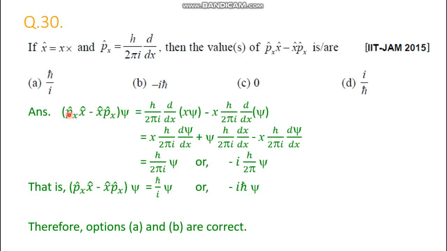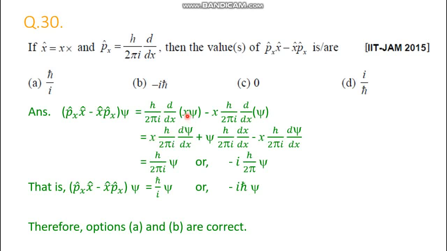Operate x psi by px cap, and here you have to take simply x in the left hand side, then take the differentiation followed by multiplication with h by twice pi i of only psi with respect to x. Okay, and what is the result here?